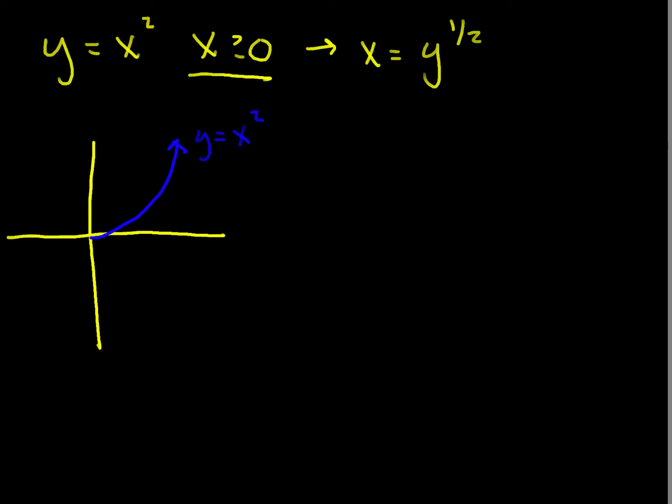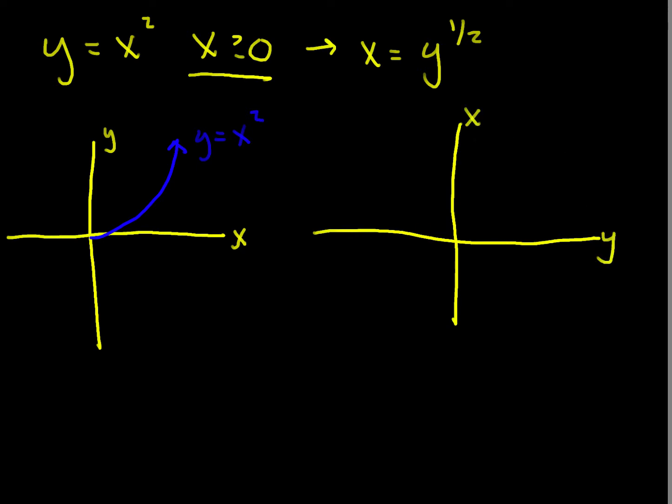Now, on the other hand, if I graph the inverse, notice this is the x-axis and this is the y-axis. Now, when I flip it, I've made y my independent variable and x the dependent variable. So it would be y here and x here.